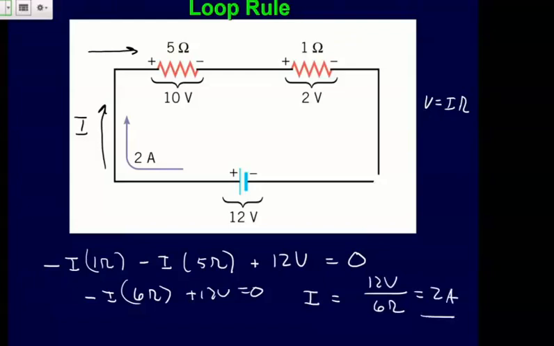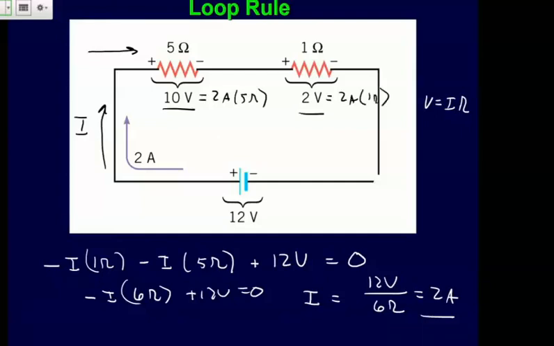Okay, so that's generally what you would be looking for. One of these problems is to find the current. And then now you can go over here and show yourself that it does everything we want it to do. So over here, a current of 2 amps times 5 ohms is a voltage drop of 10. And over here, a current of 2 amps times 1 ohm is a voltage drop of 2.